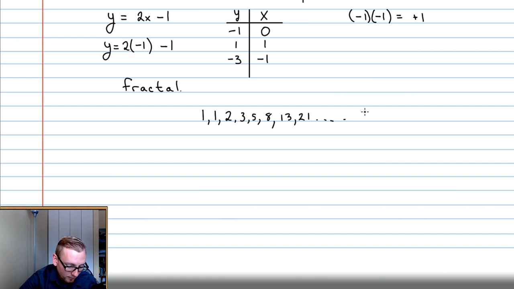Funny thing about this sequence of numbers, it appears everywhere in nature. And these numbers also help make up what's called the golden ratio. If you look up the golden ratio, even in Google Images, you'll see that it also appears everywhere in nature.